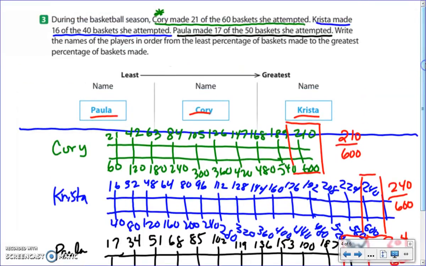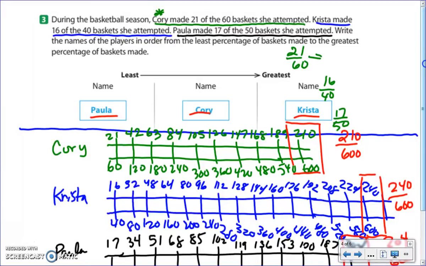Do it up here at the top. If you think of each of the fractions, 21 out of 60, 16 out of 40, and 17 out of 50. The percentage can be quickly calculated if you use division.